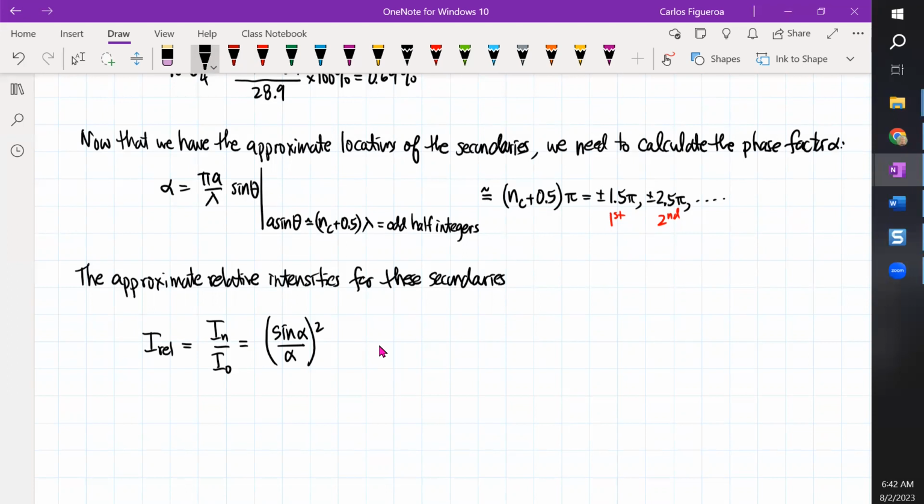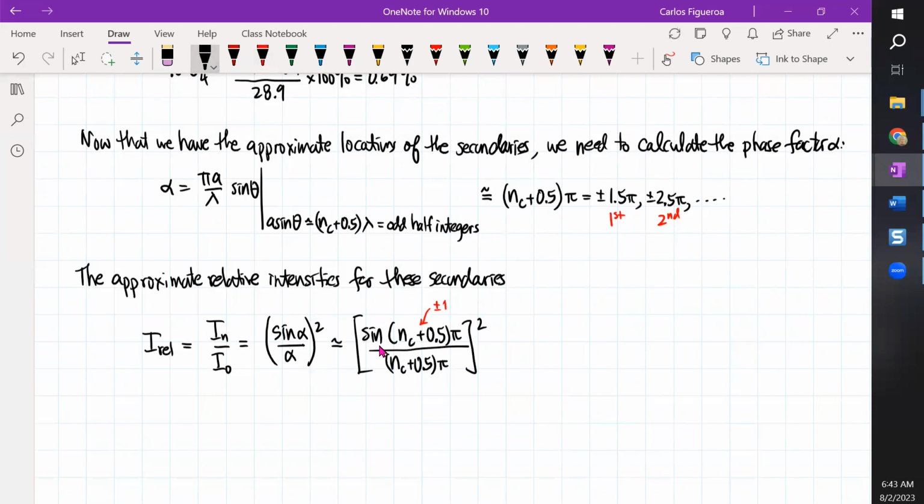So then I can approximate this as sine of NC plus 0.5 pi divided by NC plus 0.5 pi, and then this whole thing is squared. But the issue here is that the sine is always going to be plus or minus 1.